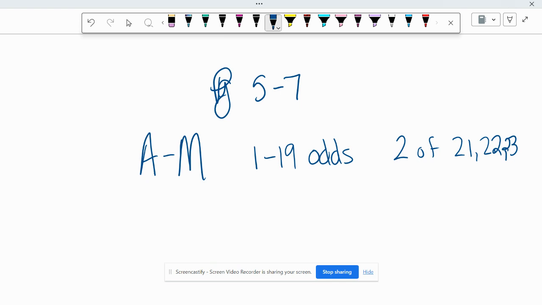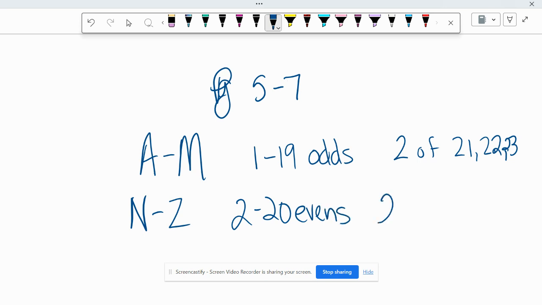Whoops, sorry. Pick 2 of the word problems. If your last name is N through Z, you're doing 2 through 20 evens, and then you're also going to choose 2 of the 21, 22, and 23. Okay, so that is a total of 12 questions.